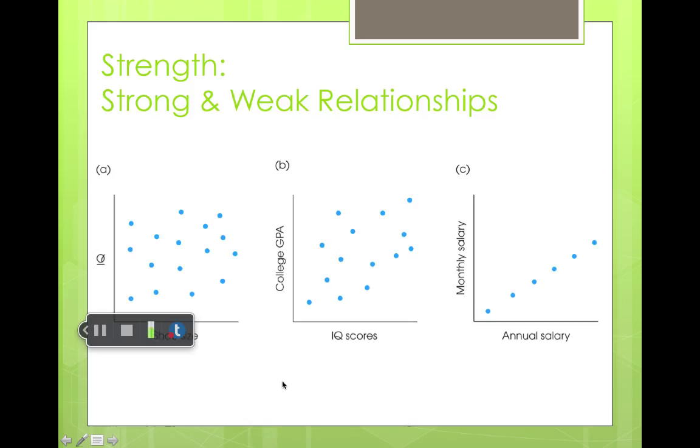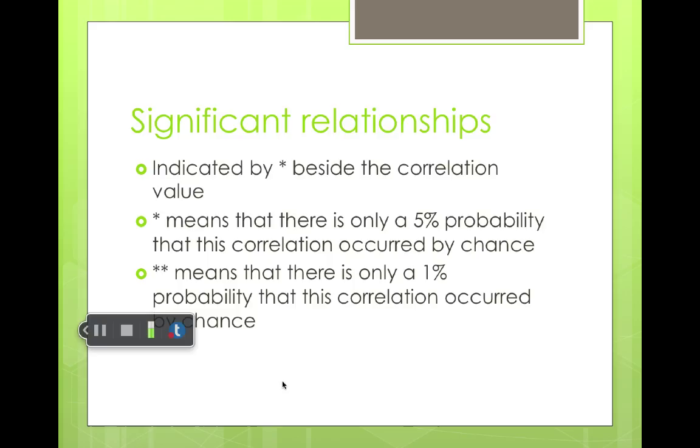So as you look at the charts today in your reading, or whenever you do your reading, you will see positive or negative in front of each relationship value, and you'll also see a number that tells the strength of that relationship. You'll also see on the graph a little asterisk that tells whether the relationship is significant.